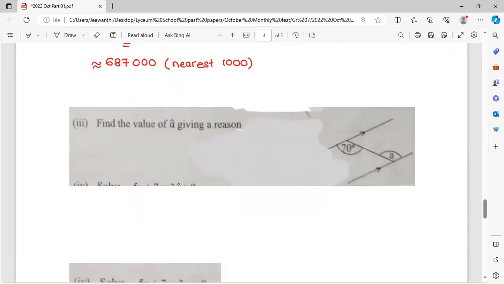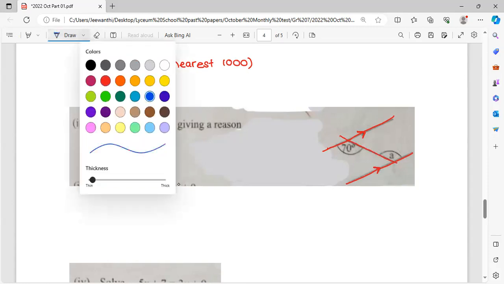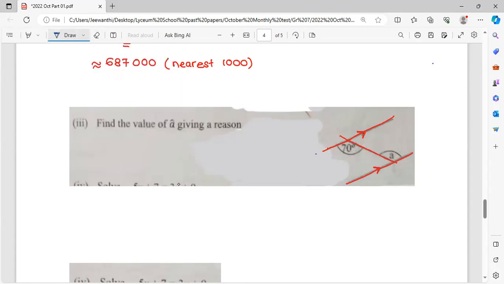You want to find the value of A. Here, children, you can see the parallel lines. So you have the 2 parallel lines like this. And you have the transversal also here. I will use a different color to show you something.